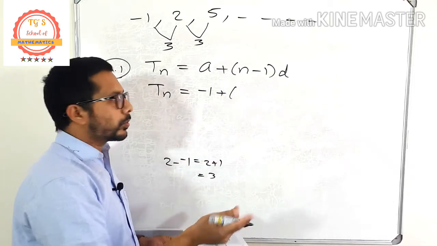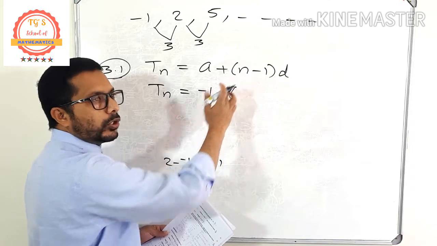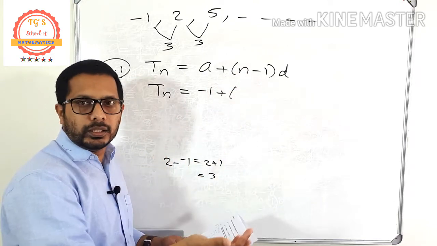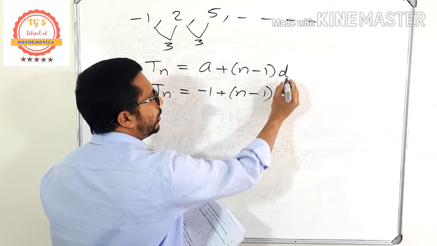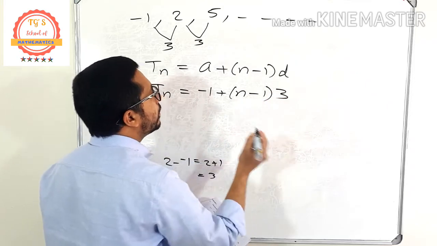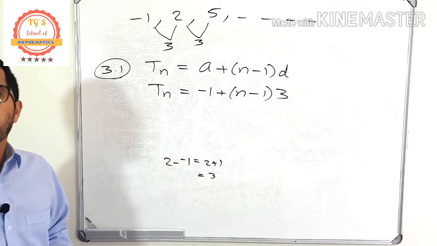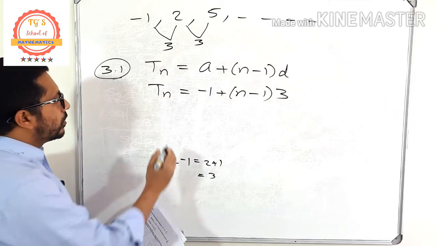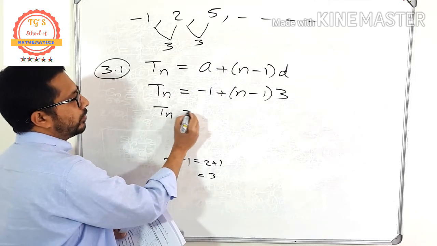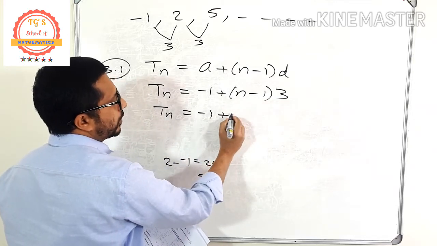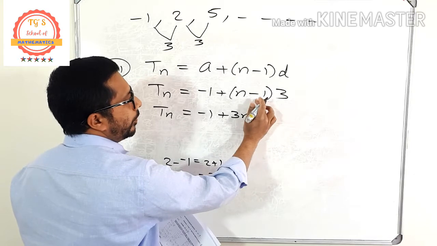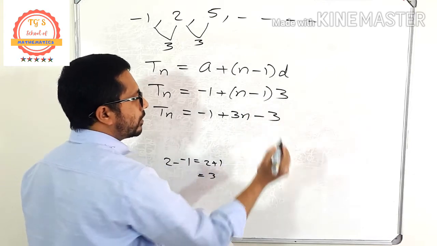Plus n minus 1 into d. You don't want to substitute any values for n because you are trying to find the nth term, so leave it like that. What is the common difference here? We got that it is 3. Now simplify this one. Tn is equal to minus 1, 3 into n is plus 3n, 3 into minus 1 is minus 3.